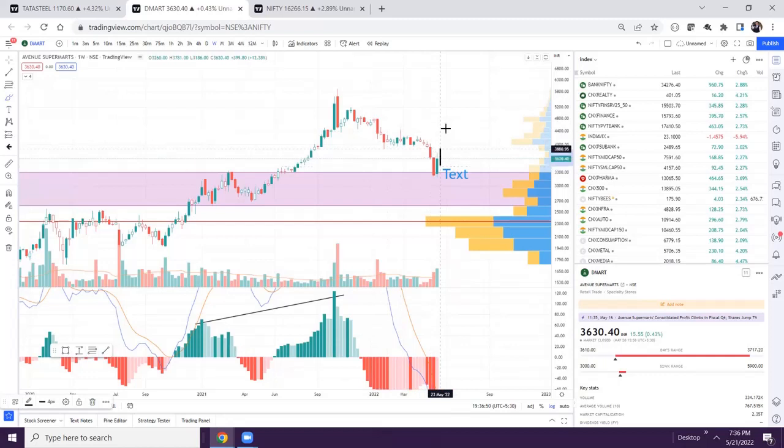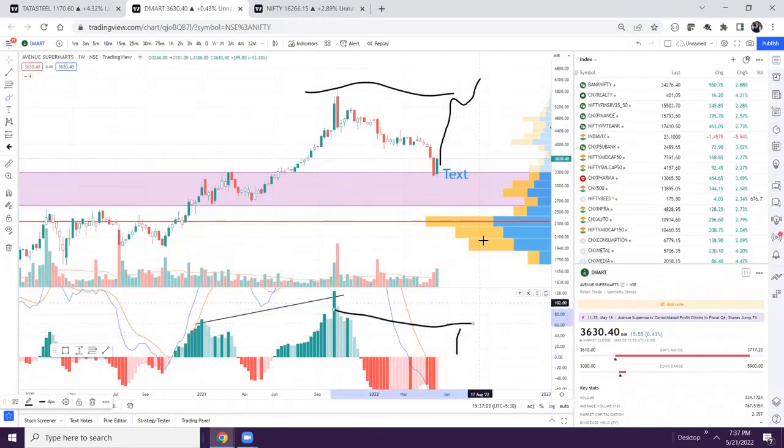When this will happen is beyond my control, but because there is no divergence as of now, there will be a fifth wave in which the divergence will come. So for that to form, it has to go above this.